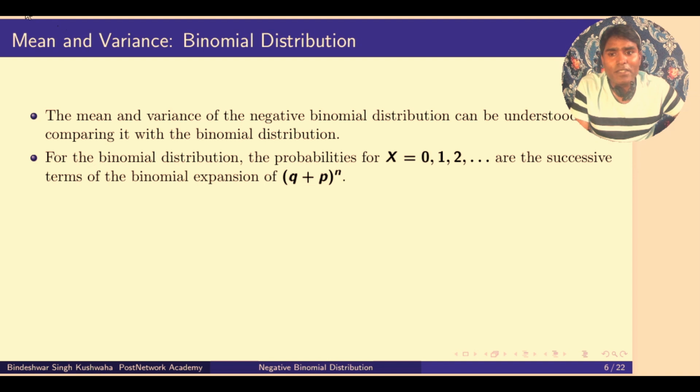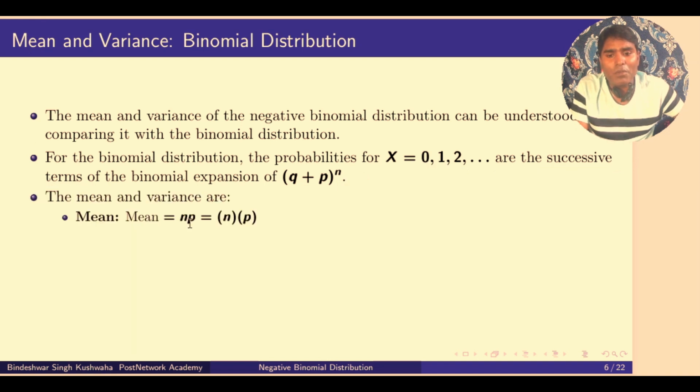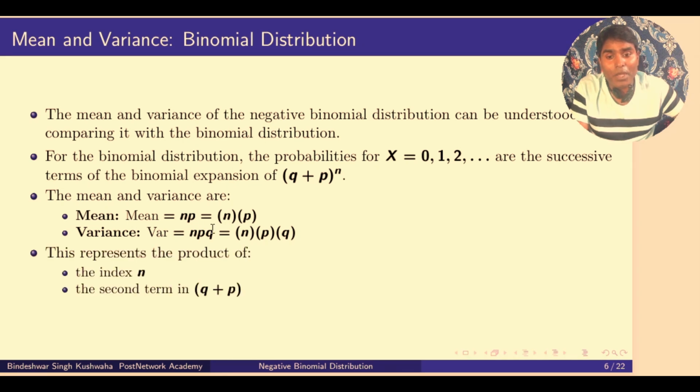So let us see the mean and variance of the random variable x. For the binomial distribution, the probabilities for x equal to 0, 1, 2 are the successive terms of the binomial expansion (q plus p) raised to n. So we can derive them using the concept of the binomial distribution. The mean of the binomial distribution is np and the variance is npq, for the binomial distribution, not the negative binomial. This represents the product of the index n and the second term in (q plus p).